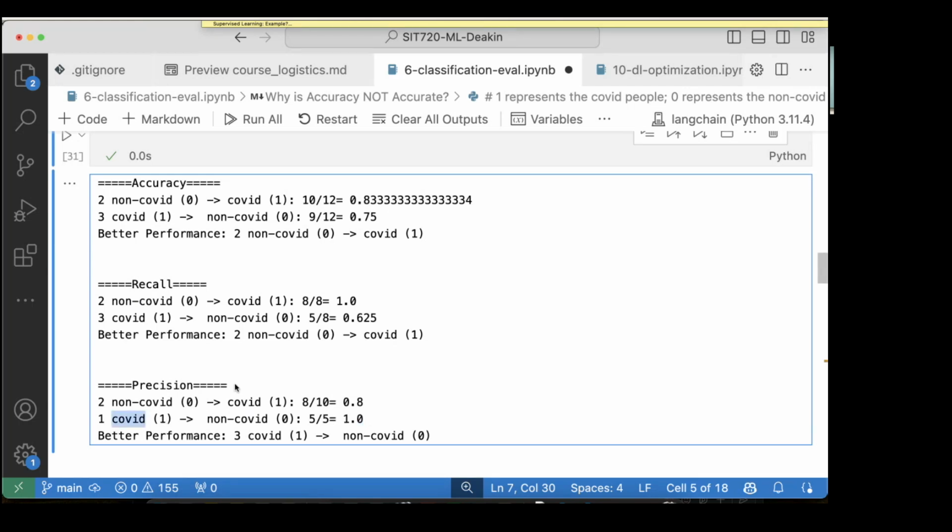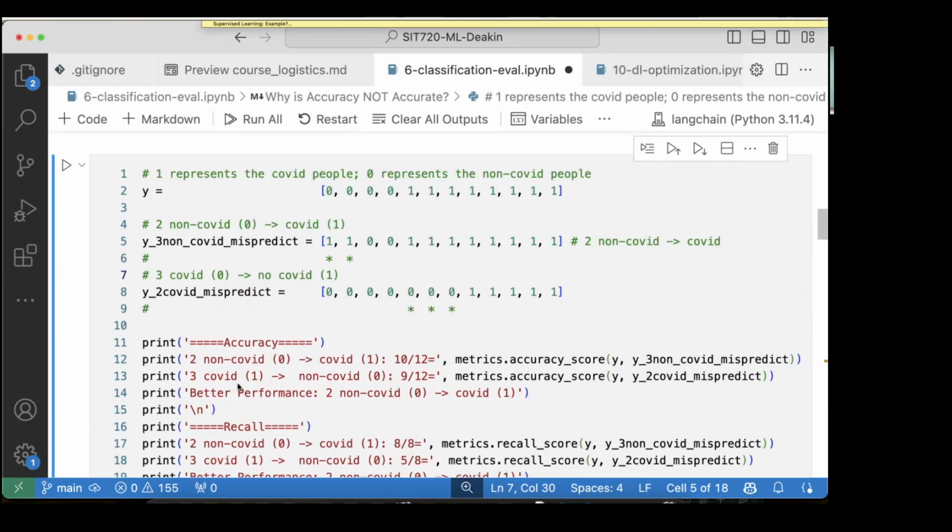The target label is COVID, right? So in the first model, what do we care about? We care about this target label, the COVID label, right? Remember, in recall, we also care about the target label, but we care about the ground truth target label. But here we care about the predicted target label. So here is the predicted target label in precision.